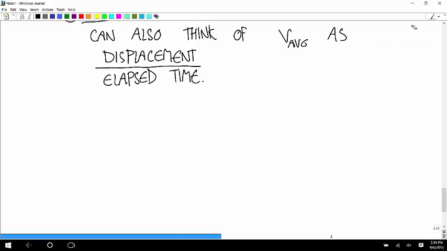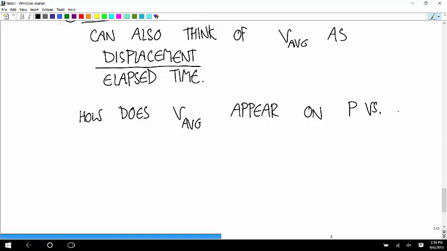Let's think about what the average velocity means on a position versus time graph. So think, how does the average velocity appear on a position versus time graph?